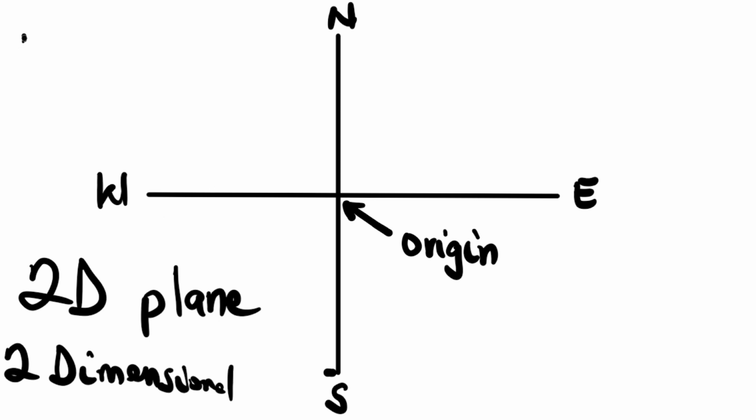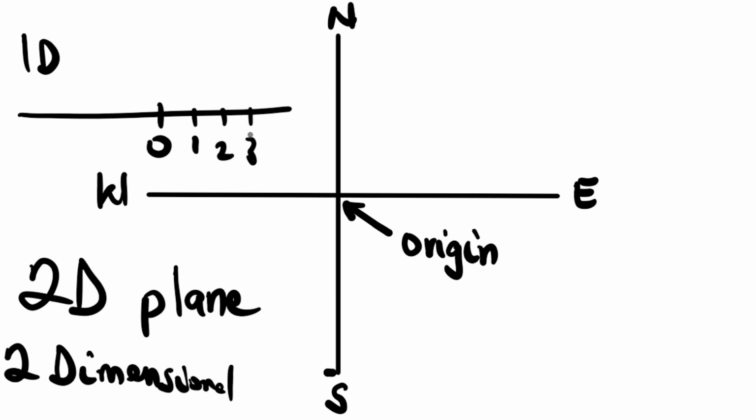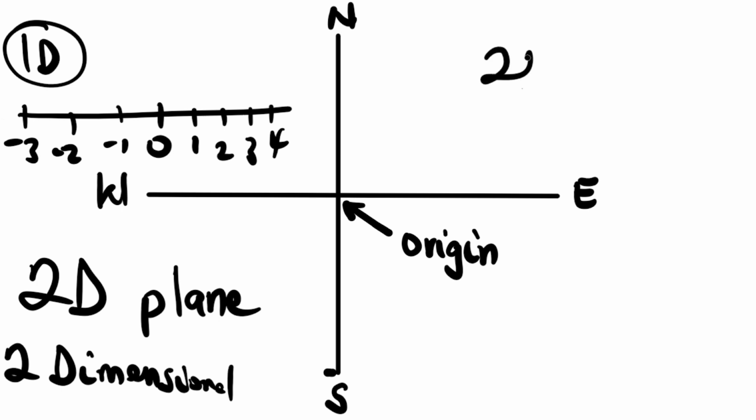We also have a one-dimensional plane, which is a line. That's just a straight line with a cardinal point 0, and the number line 1, 2, 3, 4, -1, -2, -3. So the number line is 1D. But if you have one line and another line together, that becomes a 2D plane.